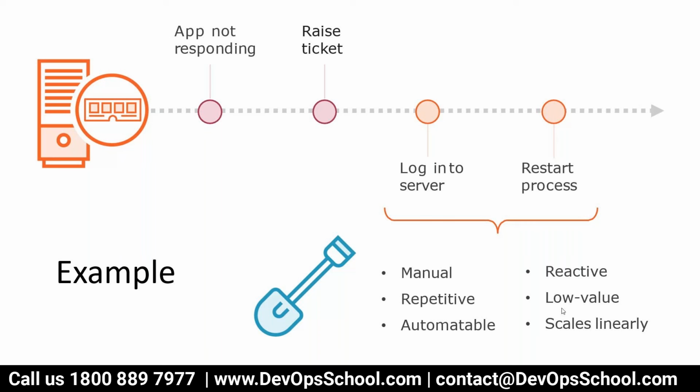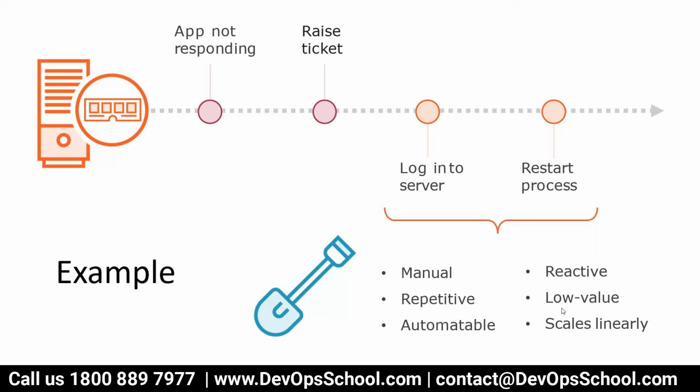So maybe this is something that cannot be automated, because you have a weird situation that is not going to happen quite frequently and requires a human being to read something to troubleshoot it. Maybe it cannot be automated. It depends on the situation. It is not exactly toil, but something else.